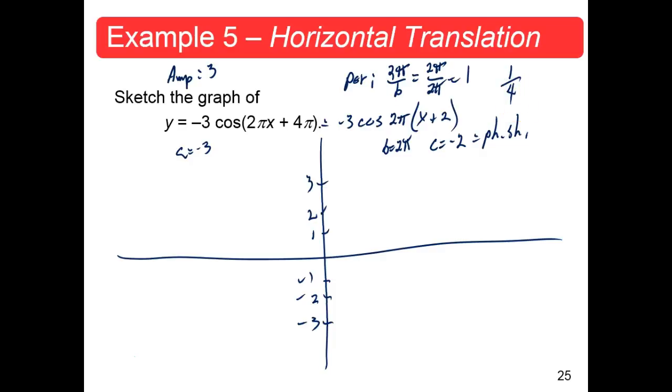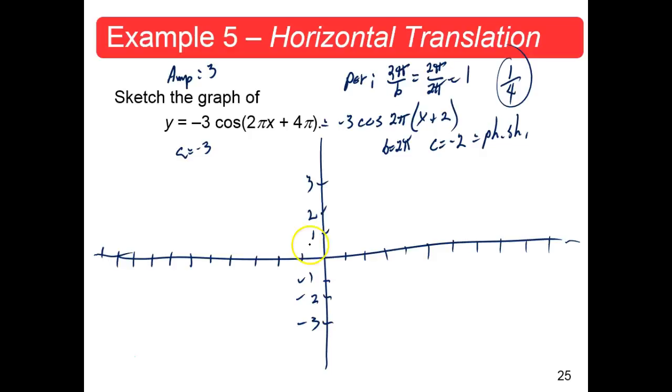Those are going to be my tick marks. 1/4, 2/4, 3/4, 4/4, 5/4, 6/4, 7/4, 8/4, 9/4, 10/4, 11/4. Over here, 1/4, 2/4, 3/4, and so on. So you get the period, immediately divide by 4.